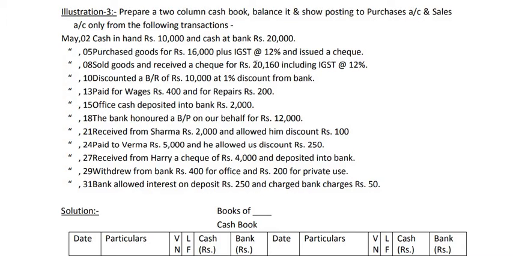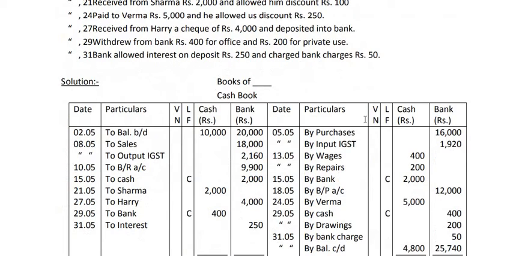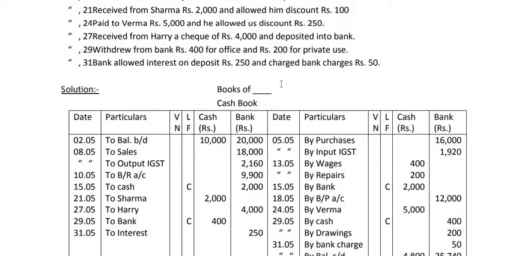So we have to calculate what was the 100%. 20,160 into 100 by 112 comes to 18,000. So sales is 18,000 and the remaining is output IGST. So to sales account 18,000, to output IGST 2,160. That means this is 12% of this. Okay, so this is debited to the bank column because for both of them we are receiving a check.